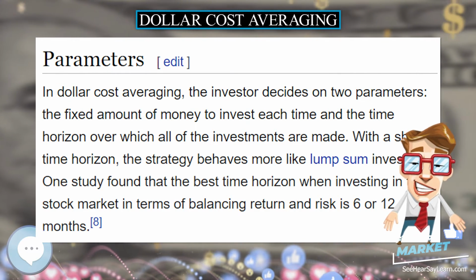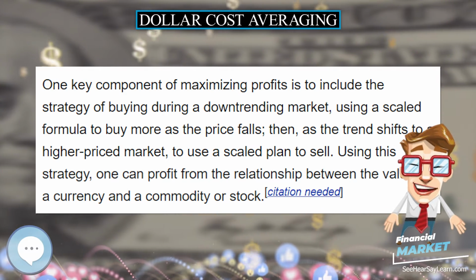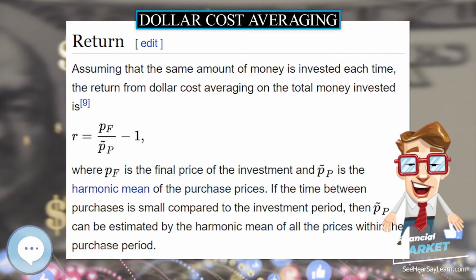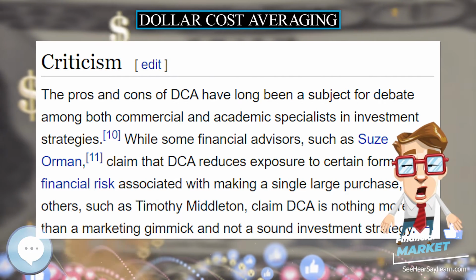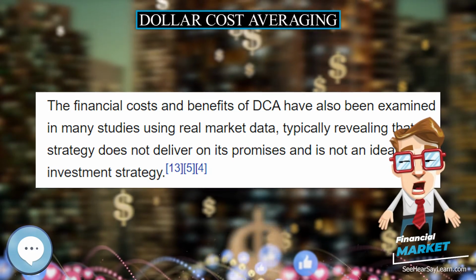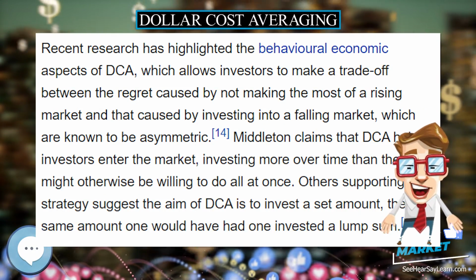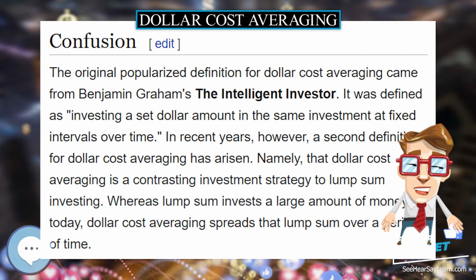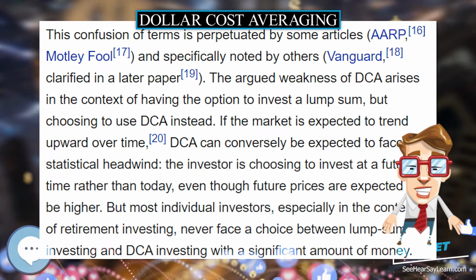Return. Assuming that the same amount of money is invested each time, the return from dollar cost averaging on the total money invested is R = P_F / P̃_P − 1, where P_F is the final price of the investment and P̃_P is the harmonic mean of the purchase prices.